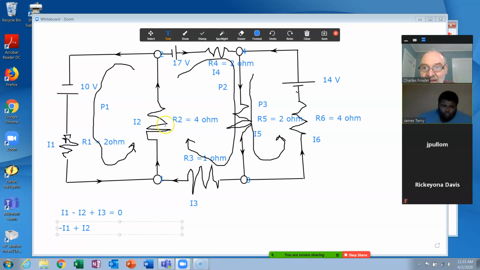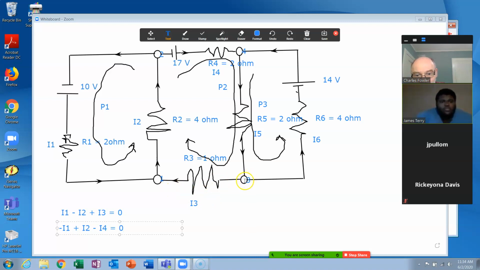And here we have I4 on the way out, so that's a minus I4. And that has to equal 0, right? Is everybody following this? Do you agree with it so far? That's junction 2. I2's coming in, so that's plus. I1's going out, so that's minus. And I4 is going out, so that's minus. So there's the second junction.